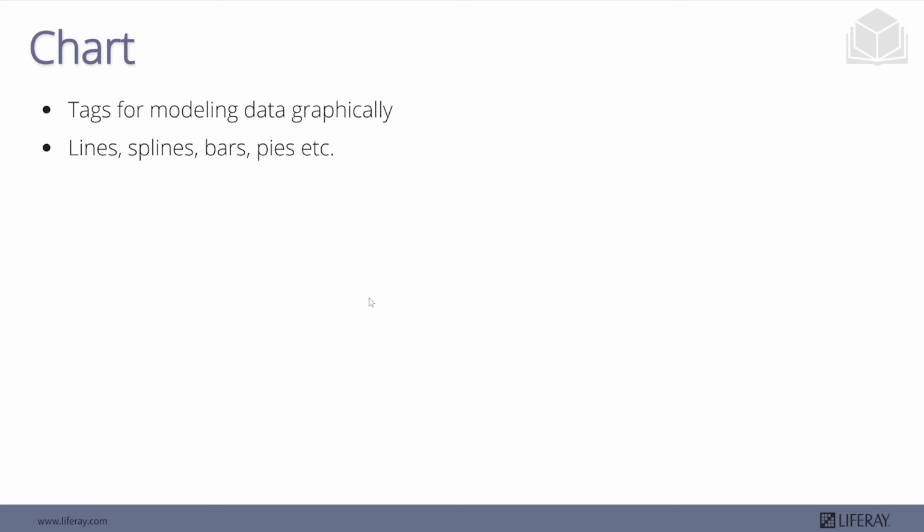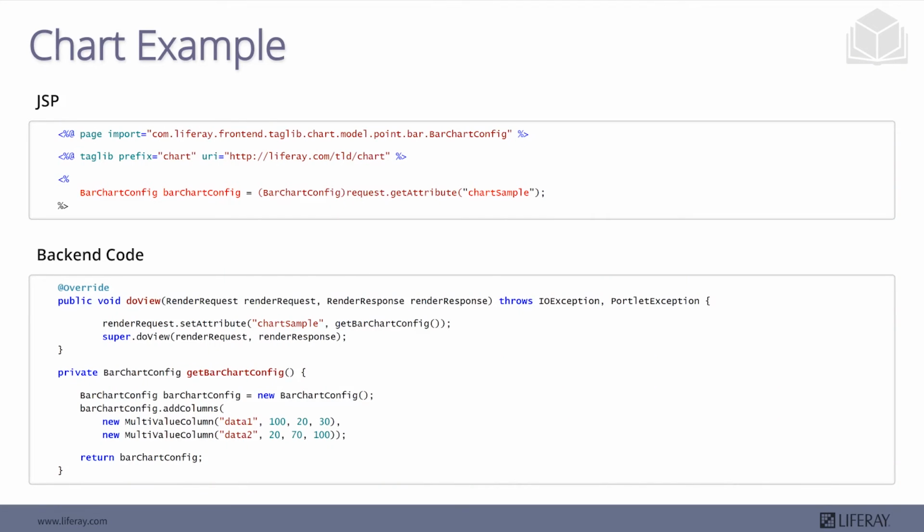Okay, now charts, we also have tags that help us display things graphically, something new here. So whether you want a line chart, a bar chart, a pie chart, right? Whatever sort of chart you want, we got that going on for us. So we have our tag library defined.